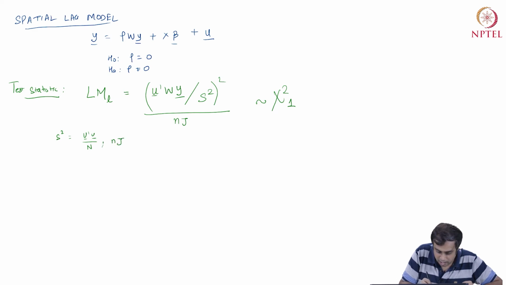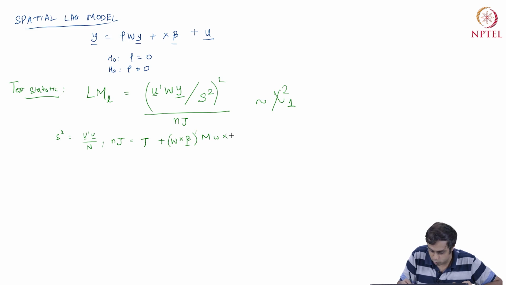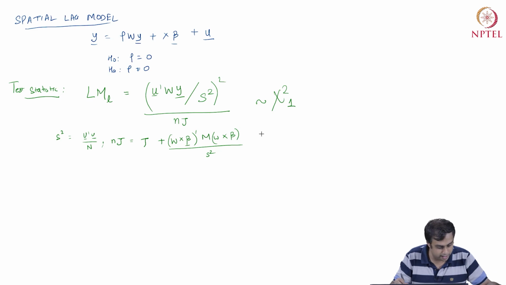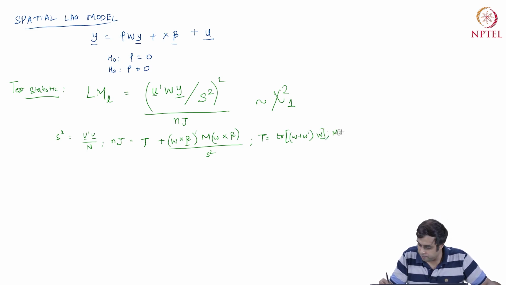And Nj is equal to T plus Wx beta prime M Wx beta divided by S squared, where T is equal to the trace of the same matrix that we are used to by now, right? And M is a projection matrix, I minus X prime X inverse X prime.